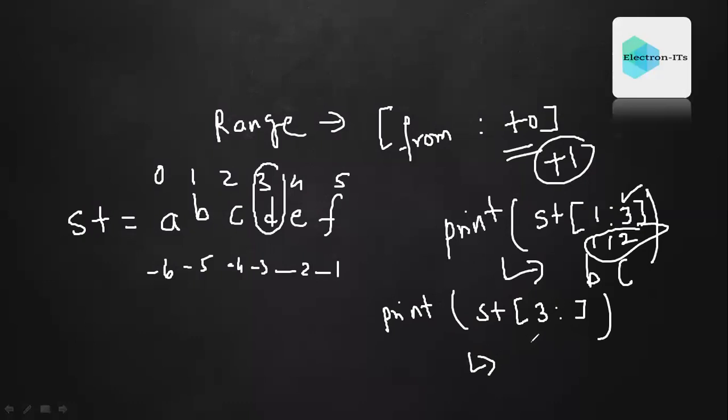So the output here will be D, E and F, because 3 is nothing but D, 4 is E and 5 is F. So this colon, and if there is no value present after it, then you have to consider everything, right? So this is about the ranges.